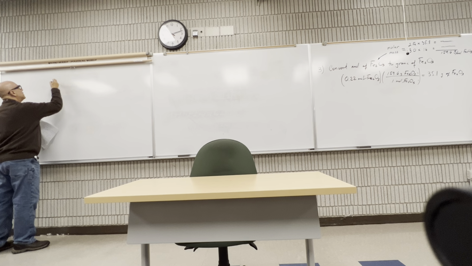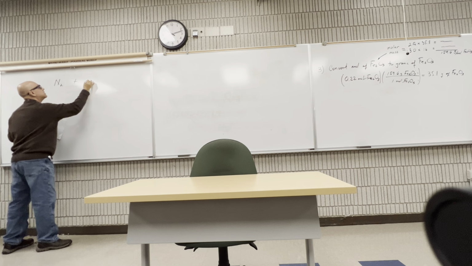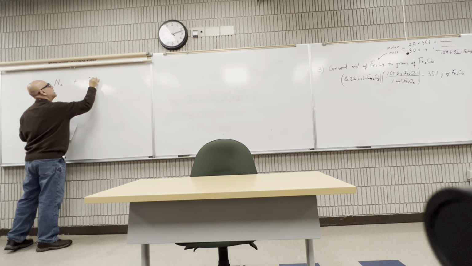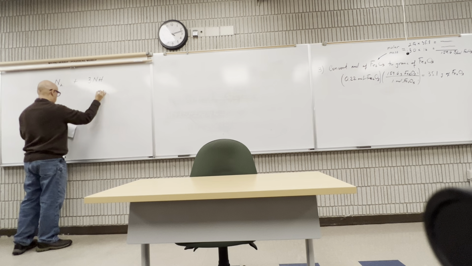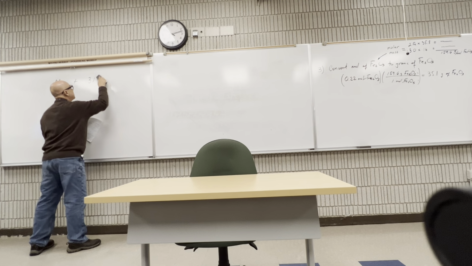So we're going to start with this equation. Nitrogen, and notice that I'm not putting the states of matter, the phases. That's okay. I'm just trying to save a little bit of time.